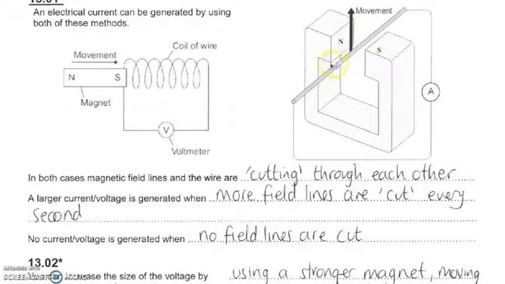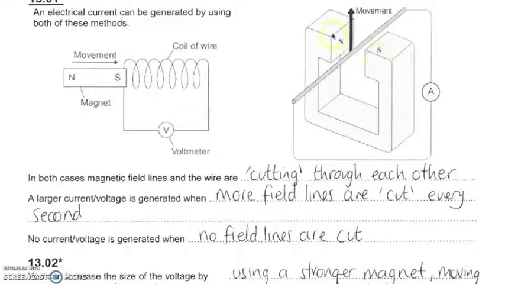If we rotated this wire so that it was parallel to these magnetic field lines, it doesn't matter how quickly you move that wire through, you will not be cutting the magnetic field lines. So when we talk about the magnetic field lines being cut, it means the wire or coil of wire is passing 90 degrees with respect to the magnetic field lines.